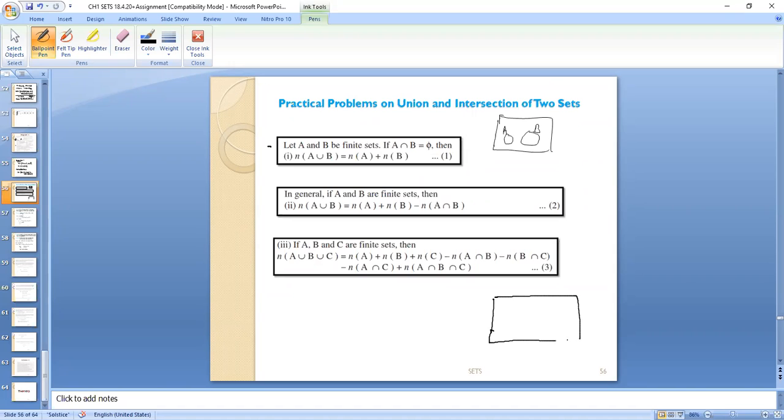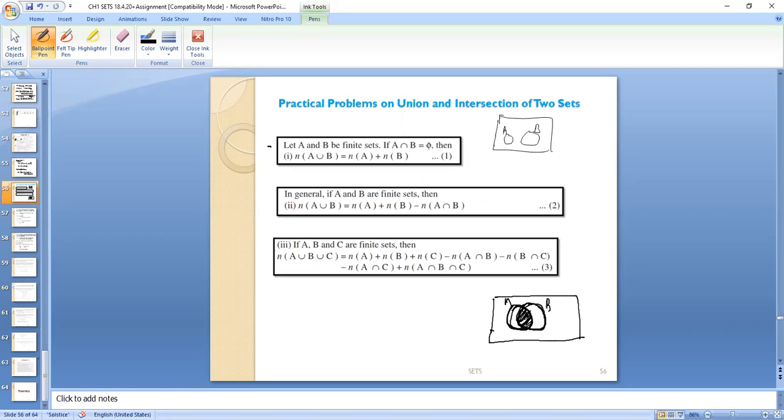But what if A intersection B is not empty, that is, the two sets are not disjoint? This is set A and this is set B, and this is the common area, the area of intersection. Then if A and B are finite sets, the number of elements in A union B will be the number of elements in A, where we count all these elements, plus the number of elements in B, where we count all these elements.